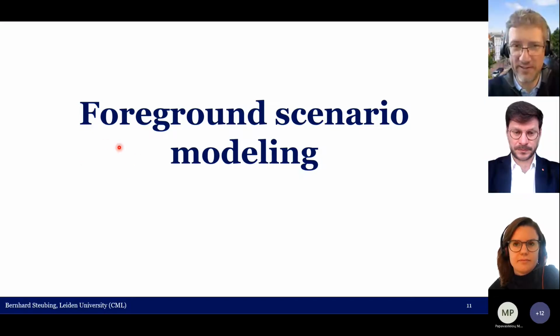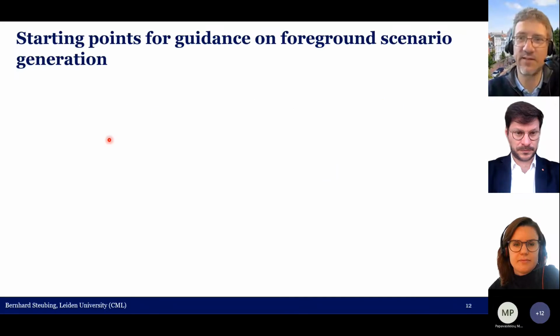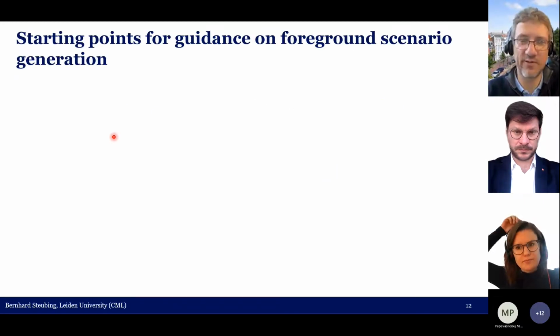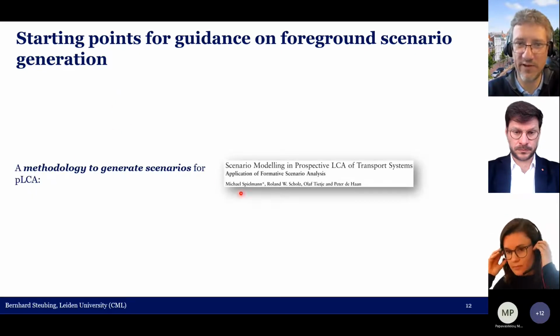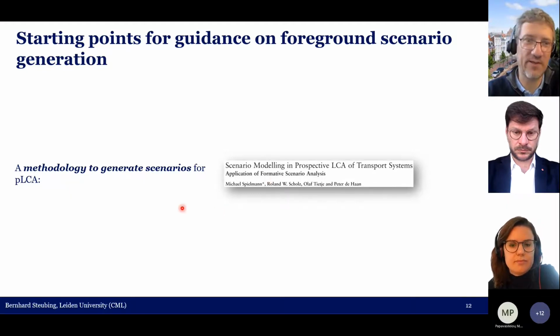Now I'll talk about the methodology that we developed for foreground scenario modeling. Here are some starting points. Very important for us is a paper by Spielmann, a methodology to generate scenarios for prospective LCA based on formative scenario analysis.